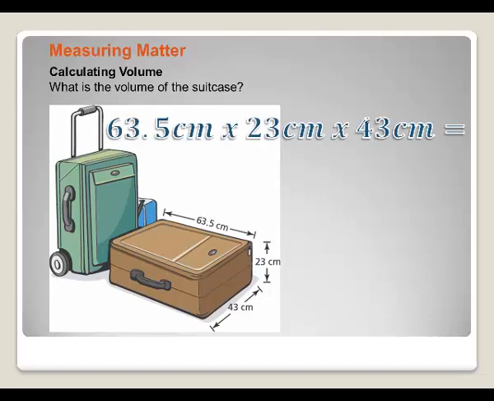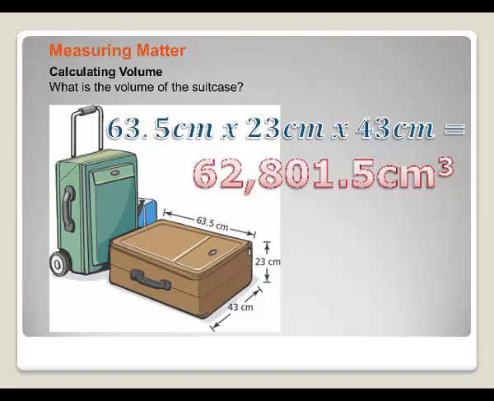So in this case I have 63.5 centimeters times 23 centimeters times 43 centimeters. Take a minute to find the answer. You should have gotten 62,801.5 centimeters cubed.